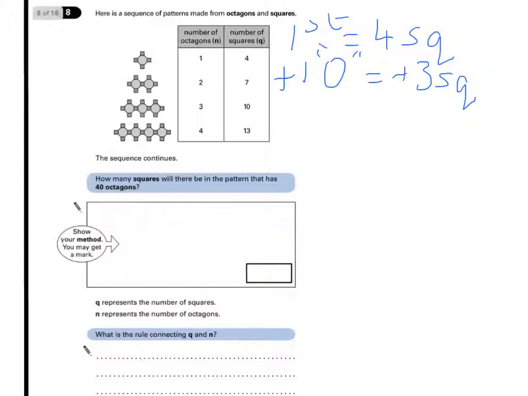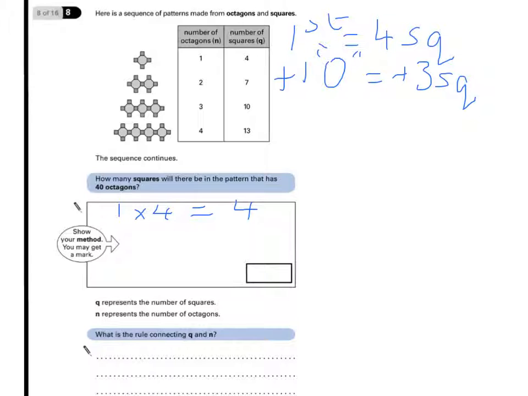And we can use this to help us out when we're going to answer the question here, because it says the sequence continues and we want to know how many squares will there be in the pattern that has 40 octagons. Well, we know that in the first one there will be 4 squares, so we know that we're going to have 1 multiplied by 4, and so that's 4 squares.